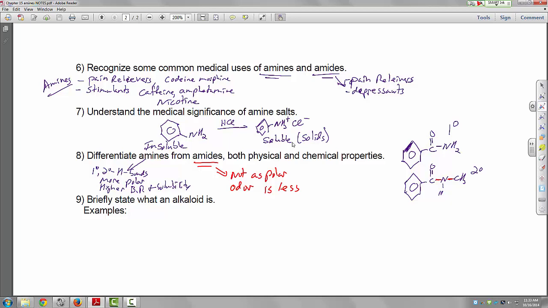An alkaloid, what is an alkaloid? This is an amine with pharmacological properties. I think the book used the term physiological, but pharmacological properties, and it's derived from plants.